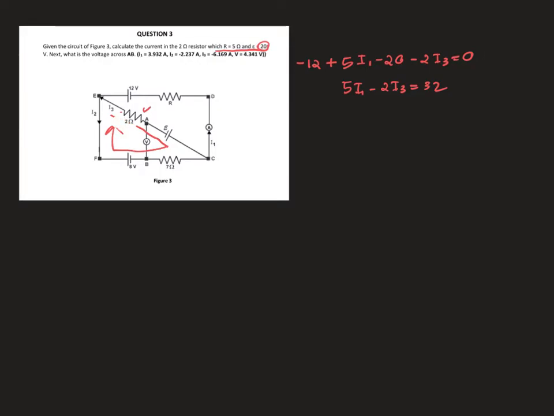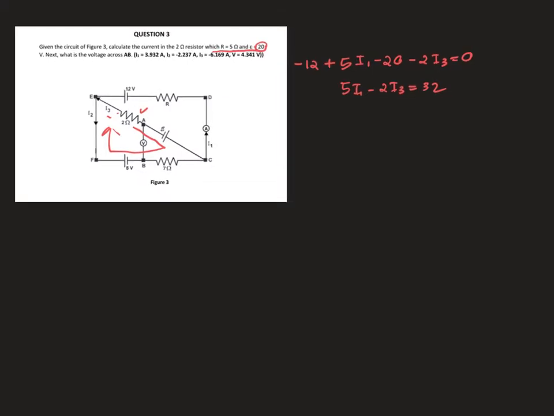It's going to be positive because my current and assumption loop are in opposite directions, so it's 2.0 I3, and the EMF here is moving from lower to higher, therefore it's going to be plus 20. For the 7 ohm, the assumption loop and the current I2 are opposite, therefore it's positive 7 I2. And the 8 here, because my assumption loop is moving from lower to higher, I get positive 8. I think that's all.